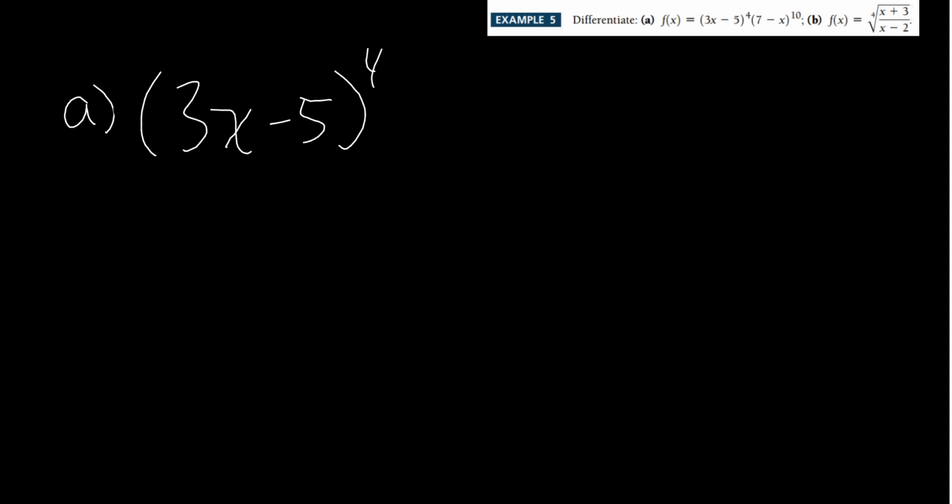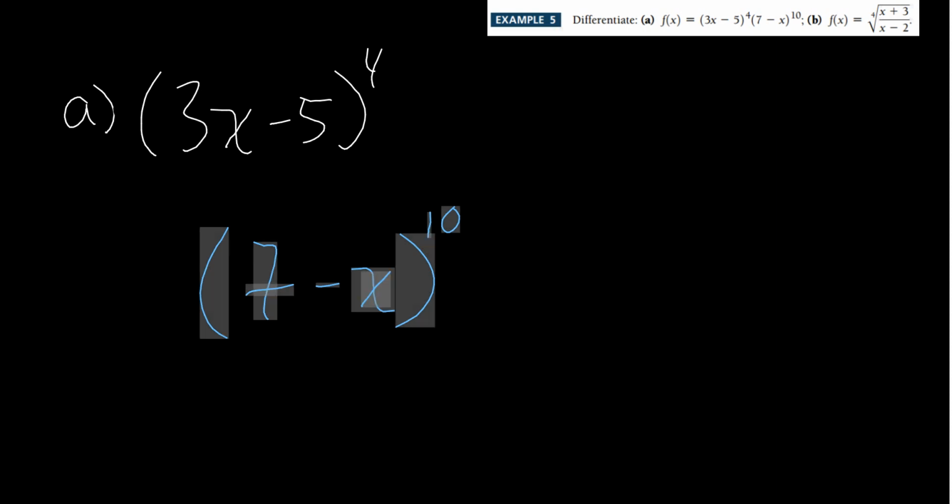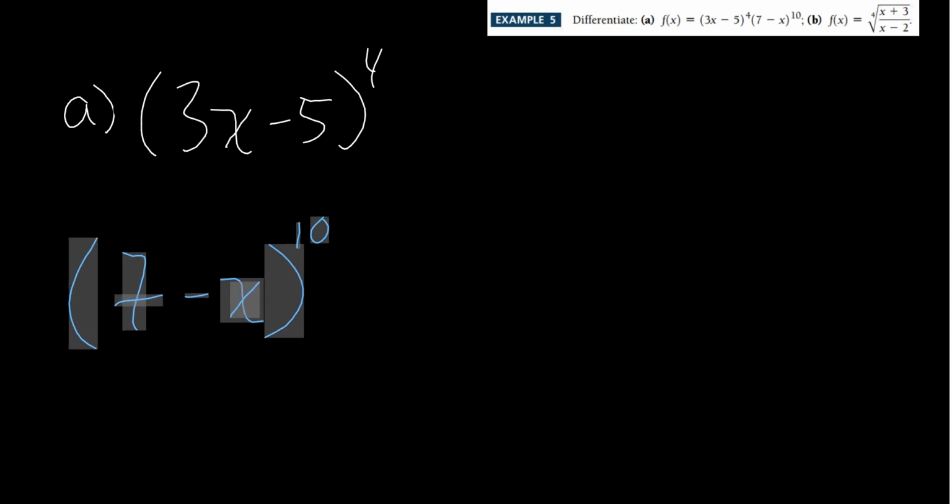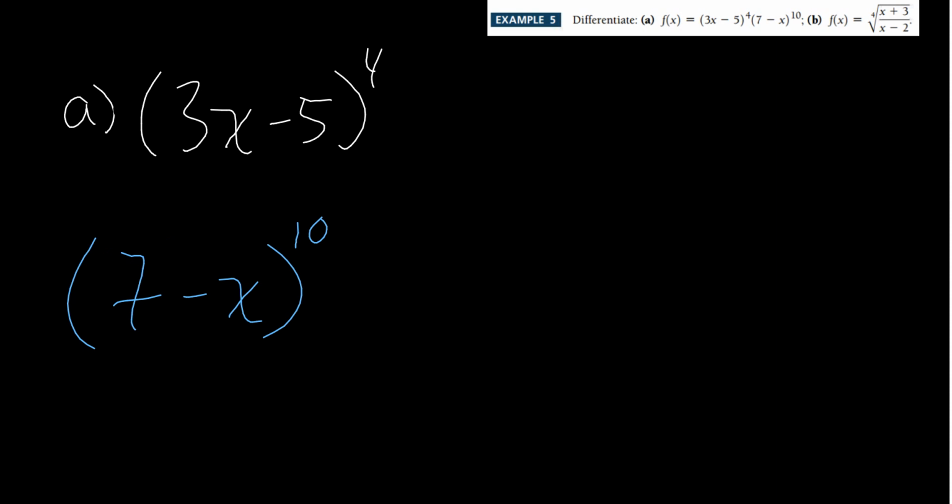Now the second is 7 minus x raised to the 10th power. What is the derivative of that? Let's move this to the left a little bit. Well, the 10 goes out front, and the 10 goes down to a 9.